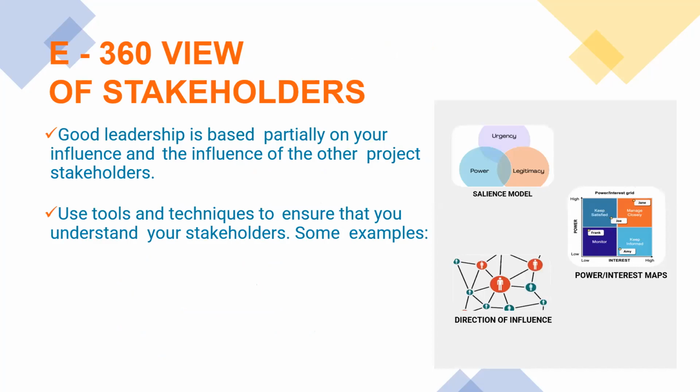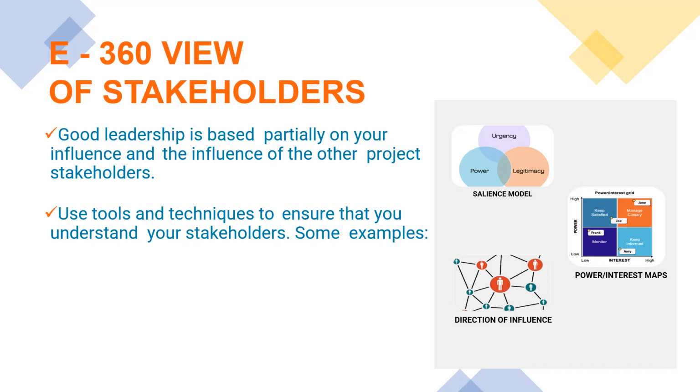Another good skill for me as a PM that I need to take up is what we call the 360 view of stakeholders. When we did planning, we've talked a great deal about understanding stakeholders. Now, you need to very well understand your stakeholders. What do I need to understand about my stakeholders?